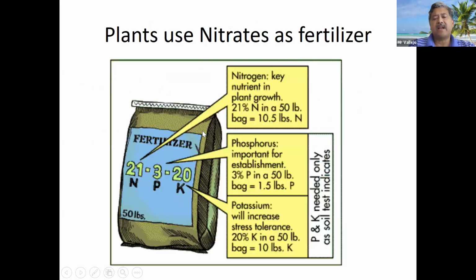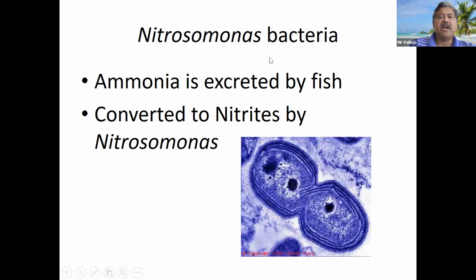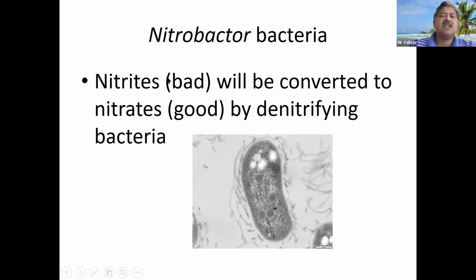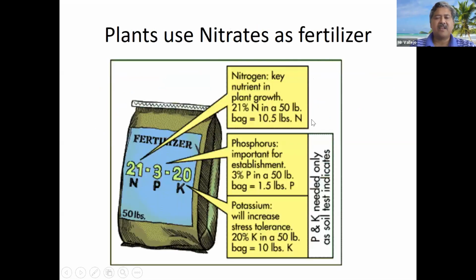So the first bacteria are called denitrifying bacteria. They take the ammonia and they change it into nitrites. And then what the Nitrobacter does is take the nitrites and turn them into nitrates. So the nitrites are turning into the nitrates by the Nitrobacter, which are a type of denitrifying bacteria.